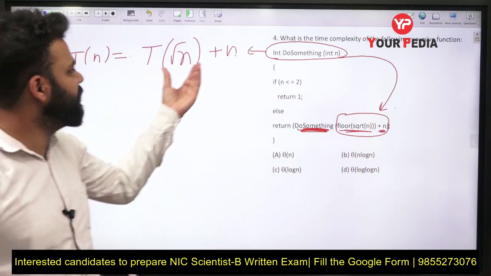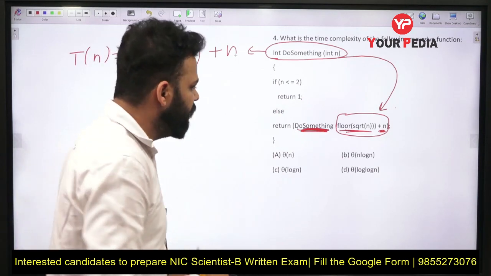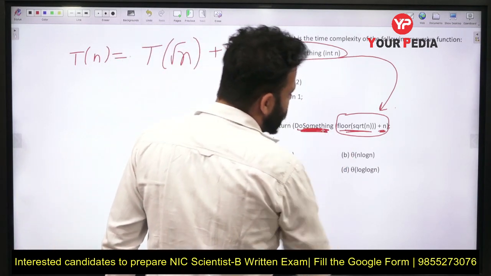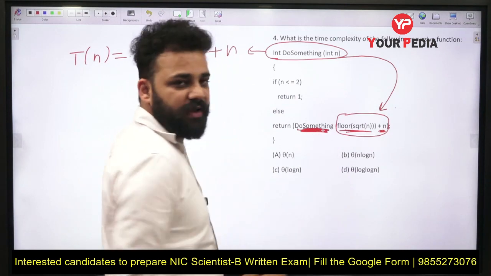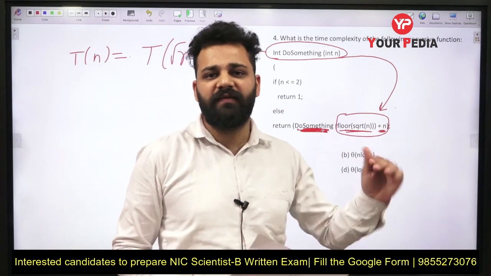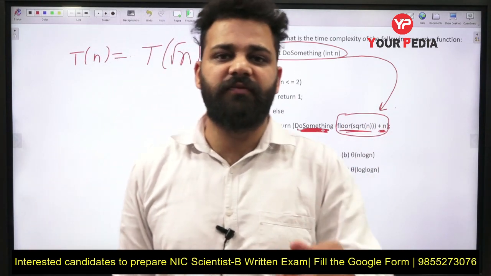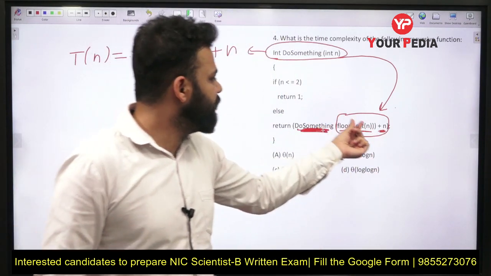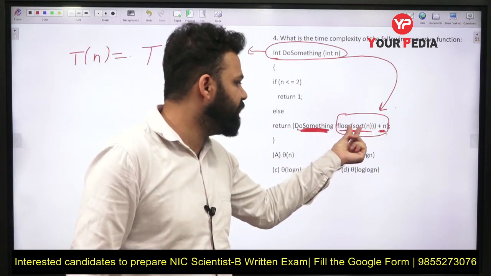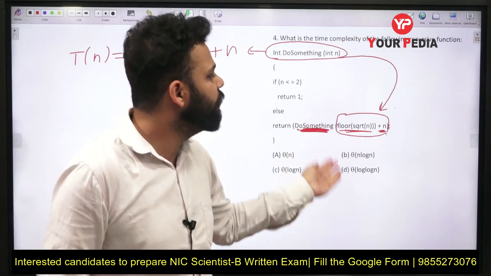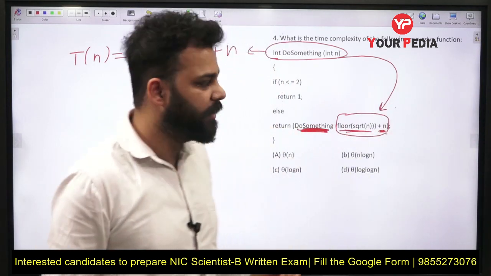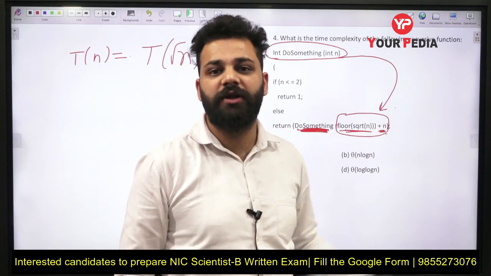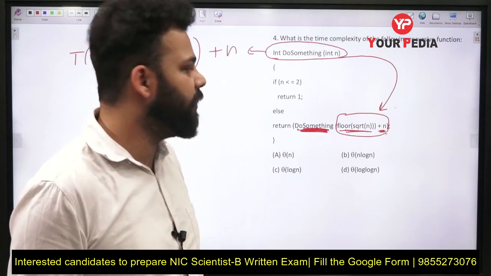Now this is a mistake that some people make, because when you do something you will find the square root of n, but there is a plus n. This plus n does not mean that it will take plus n time. It is a value function: whenever you find the square root of n, you add n to it. You are not finding the value of the function, you are finding the time complexity of the function.